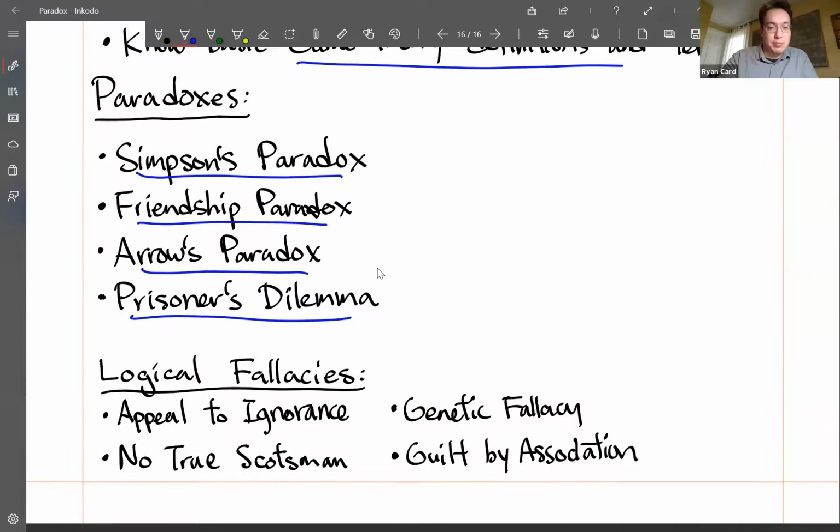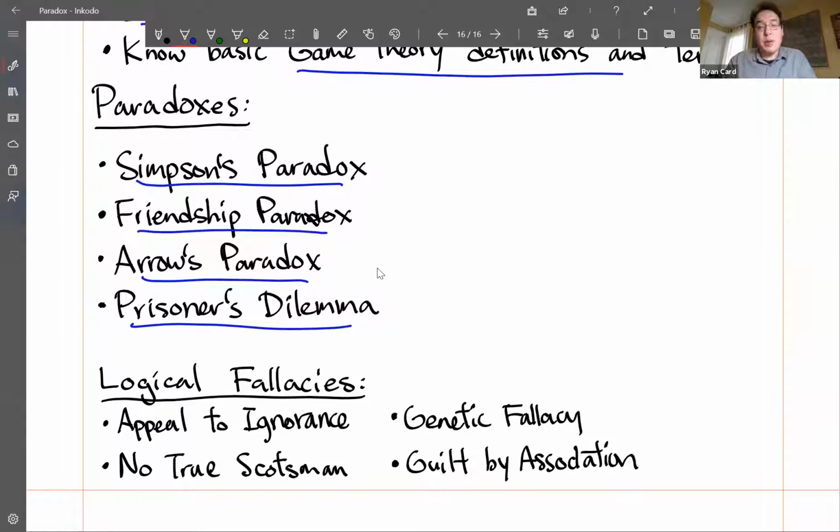a quiz. And as far as logical fallacies go, this unit spanned 2 weeks, so that we covered 4 different logical fallacies. So you should know what all of these are. You should also be able to not only describe but identify if somebody's making this type of logical fallacy.